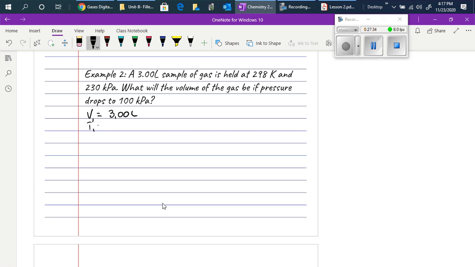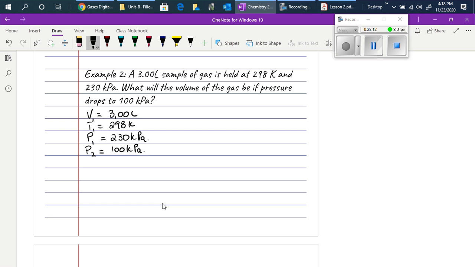Okay. Let's move to a second example, where we have a volume of 3 liters held at a temperature of 298 Kelvin and at a pressure of 230 kilopascal. What will the volume of the gas be if the pressure drops to 100 kilopascal?